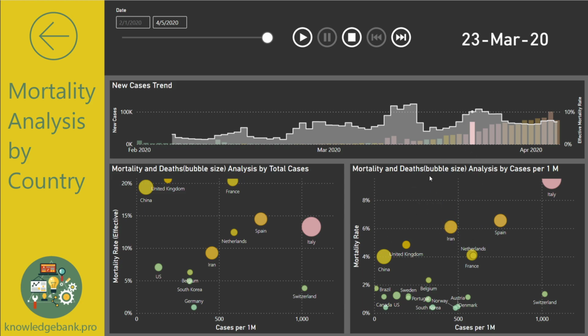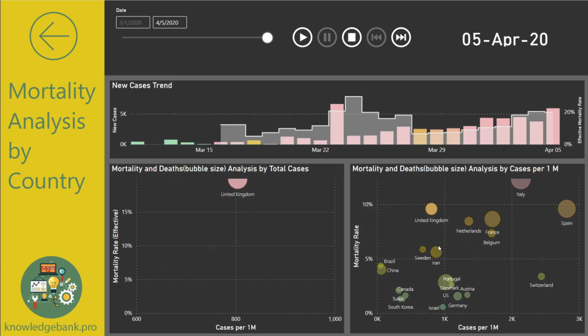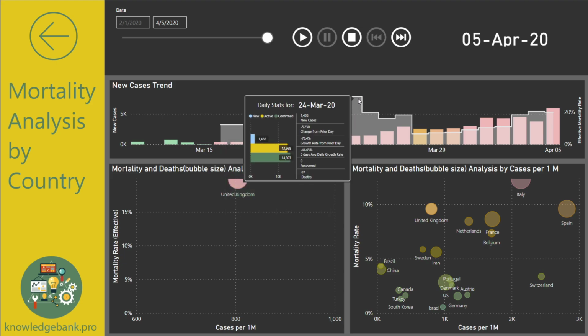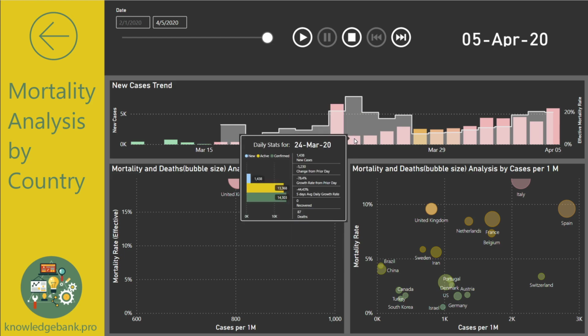So if effective mortality starts coming down, like we see here, then that's a prediction that overall mortality will eventually come down. If I click on United Kingdom, we see that early on, mortality was low. Mortality jumped very high, over 20% by March 23rd.